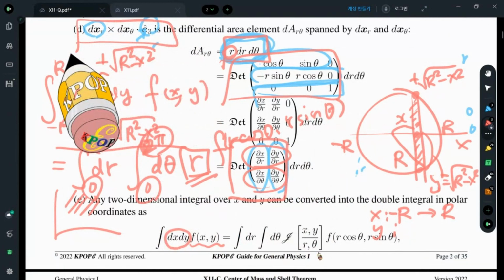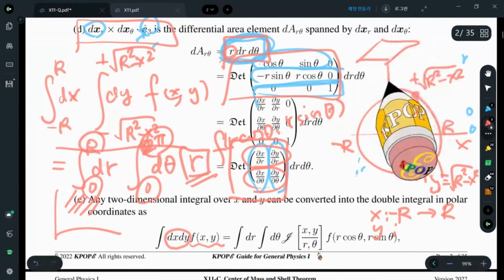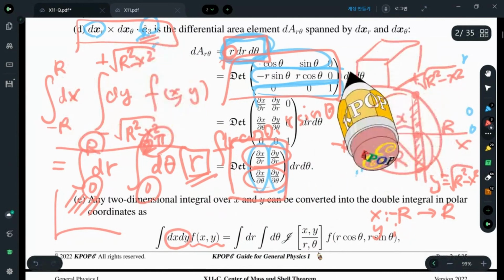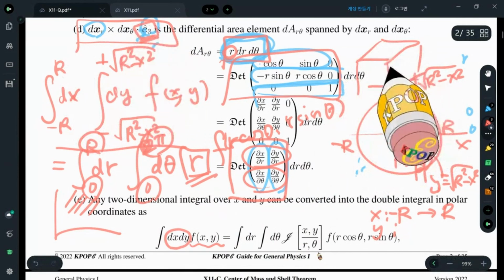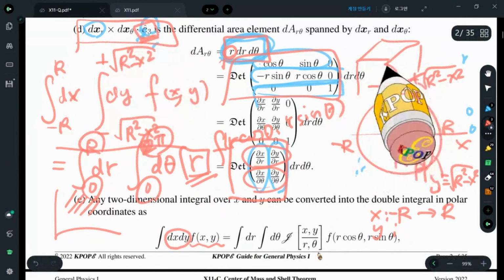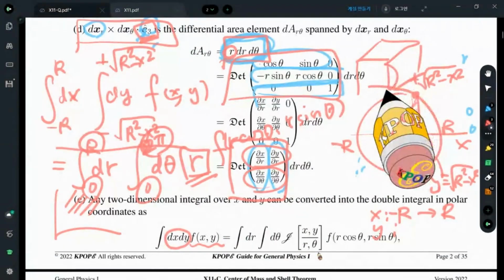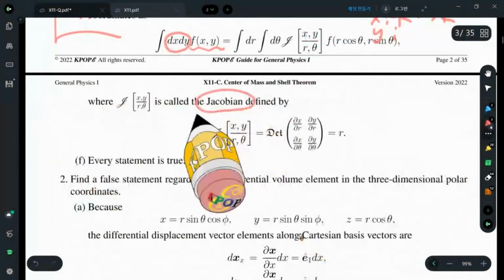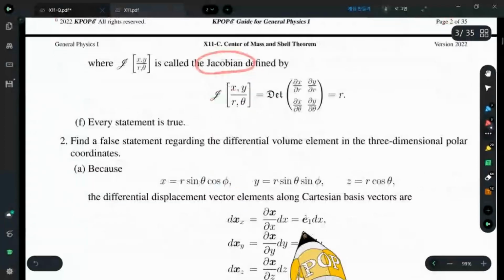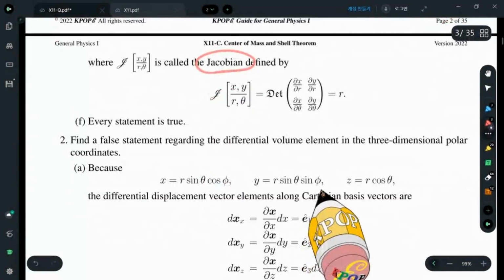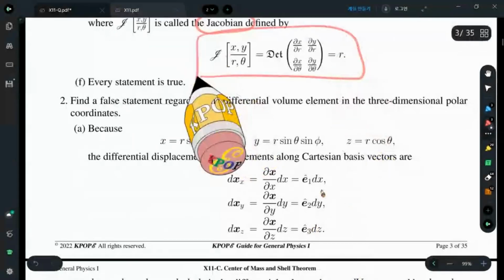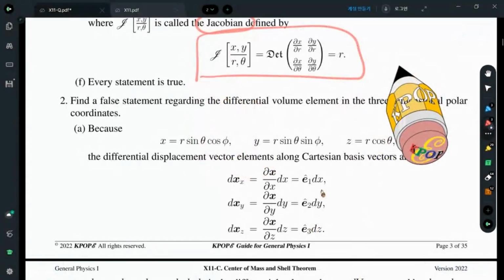I told you this triple scalar product represents the volume of a simple cube, and this is a fictitious cube that has unit height along the z-axis. So that is called the Jacobian. Okay, and this is a simple case for the two-dimensional polar coordinates.